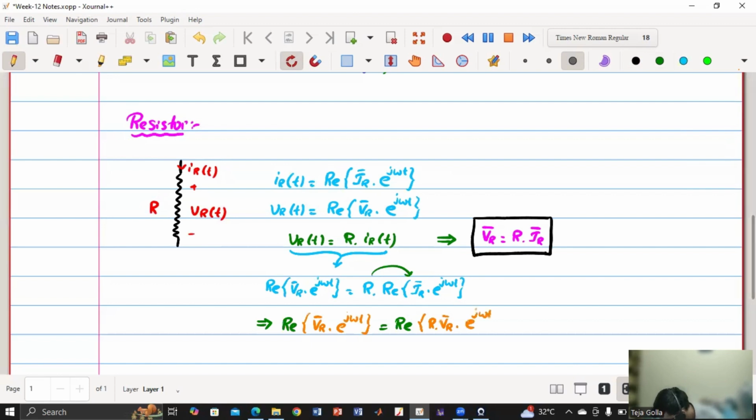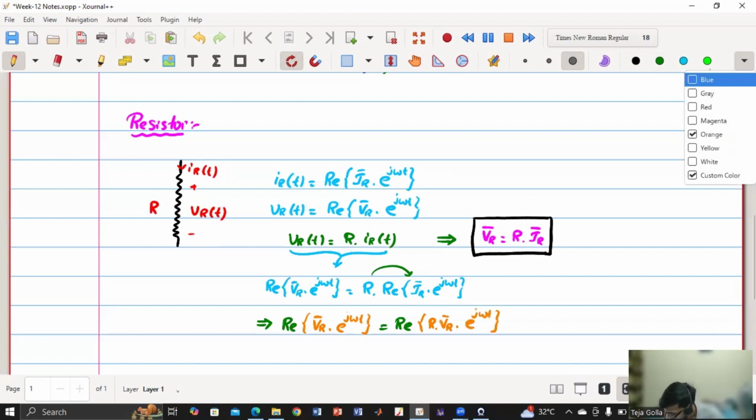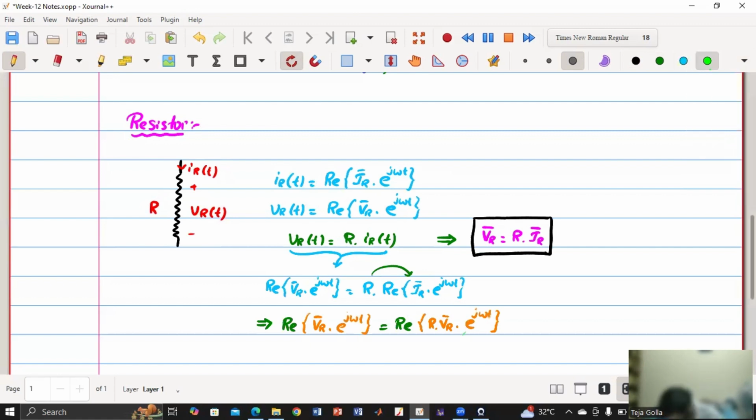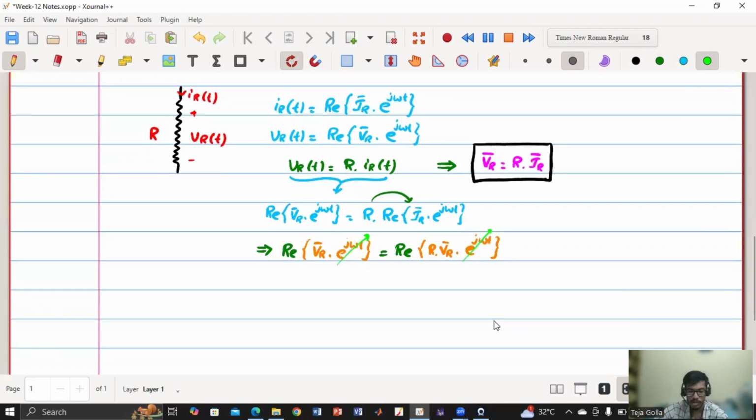If I now compare on both the sides, e to the power j omega t will get cancelled. So I am left with real part of VR bar is equal to R into IR bar. So basically I can directly write that VR bar is equal to R into IR bar. Sorry, I made a mistake earlier; this is IR bar. Agree?